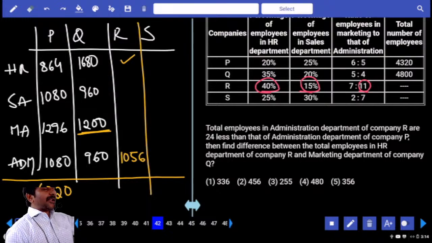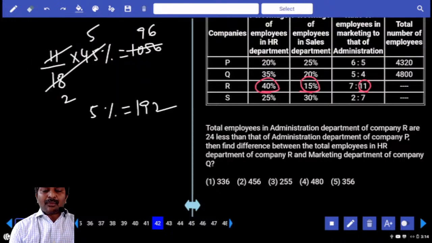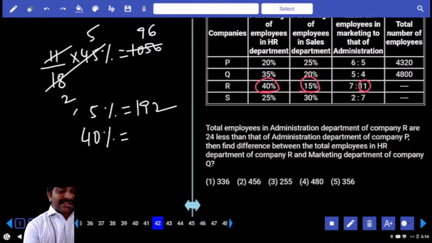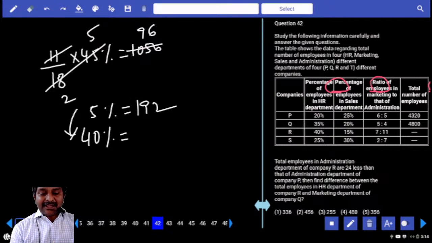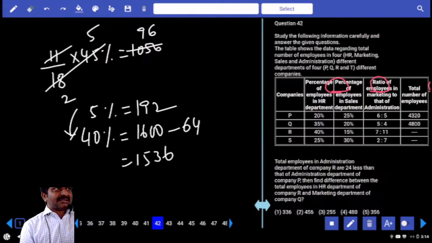Now we need the tick mark place, which is HR in company R. HR in company R, what percent is that? 40%. That means 8 times of this number. This number I will treat as 200 minus 8. 8 times of it: 200 8 times is 1600, minus 8 into 8, 64, which is equal to 1536.